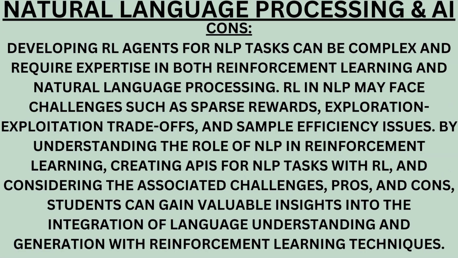Cons. Developing reinforcement learning agents for natural language processing tasks can be complex and require expertise in both reinforcement learning and natural language processing. Reinforcement learning in natural language processing may face challenges such as sparse rewards, exploration-exploitation trade-offs, and sample efficiency issues.